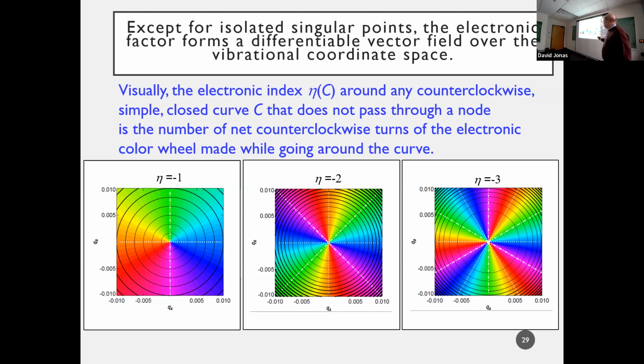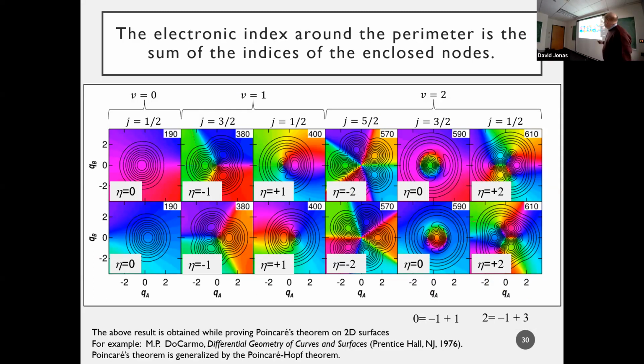And because of that, you can start getting all the results that lead to Poincaré's theorem for surfaces in 2D to play a role here, just doing integrals around a finite curve in this space. And if you do that, you can start attaching indices to each of these eigenfunctions.